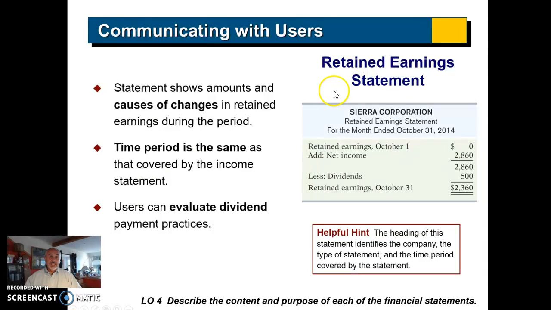The value of a retained earnings statement is that it shows what has occurred in our profitability for the month.